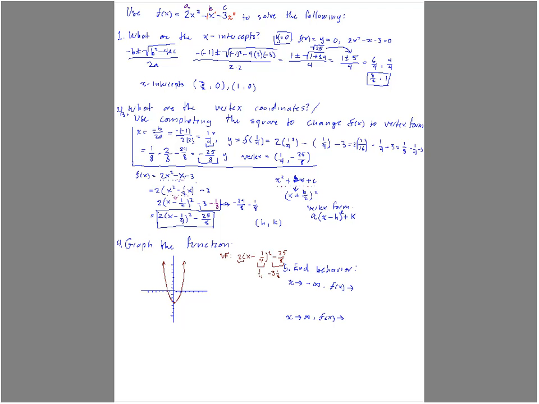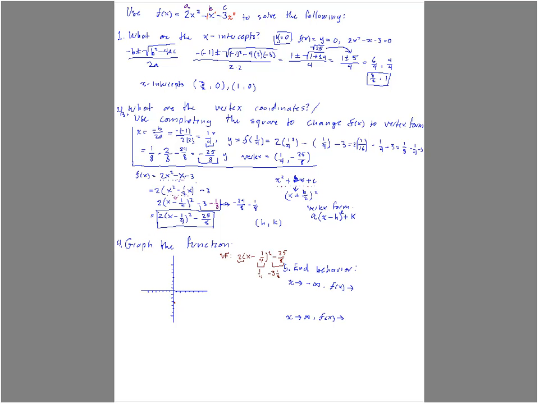Oh, one other thing. We also found the zeros of the equation, which were at 3/2 and 1. I think I actually made a mistake with the one thing. Oh, right. That's not 4/4. That's -4/4.